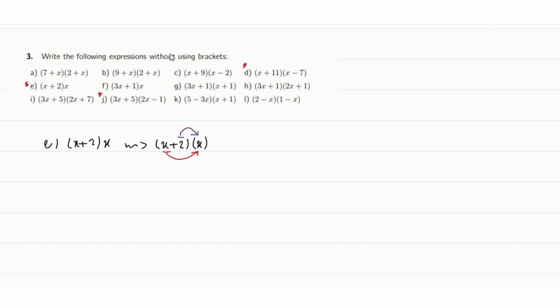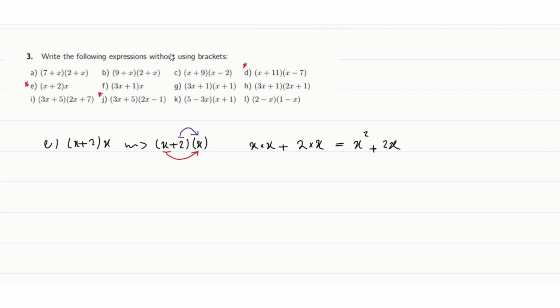And then we need to combine them. So we have x times x plus 2 times x. And we will have x times x is equal to x squared. And we have 2x in here.